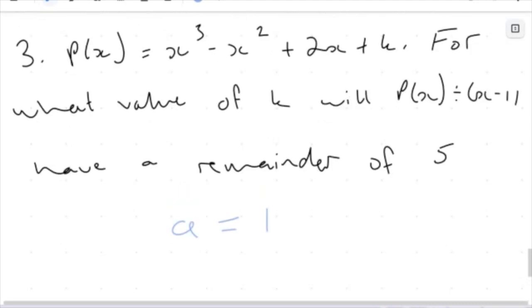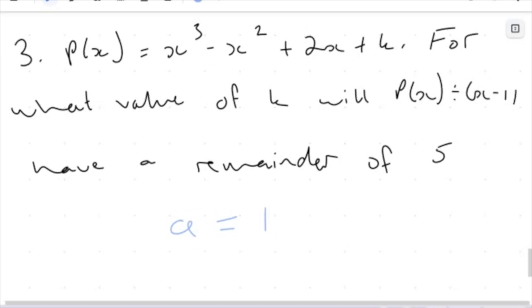So when we get given a question like this and it's a little bit confusing, what we do is we just stick with what we know first. We write down everything we know, and then we try to work our way through it. Now this is saying that a remainder of 5 will be given when 1 is substituted in for all of these x's.